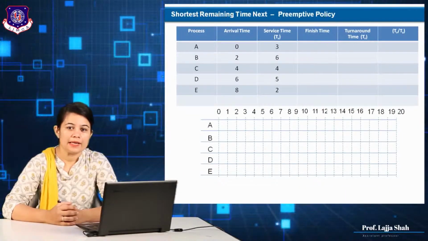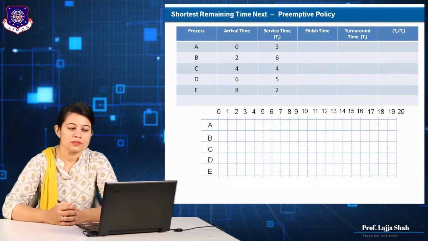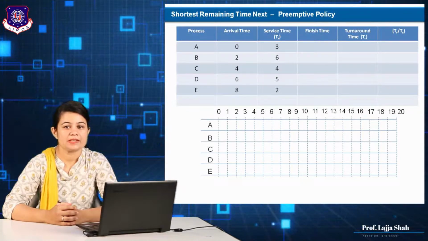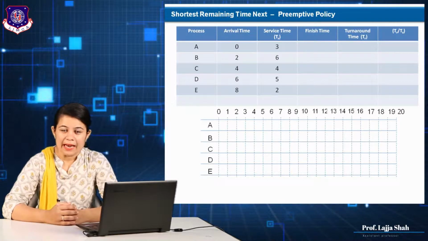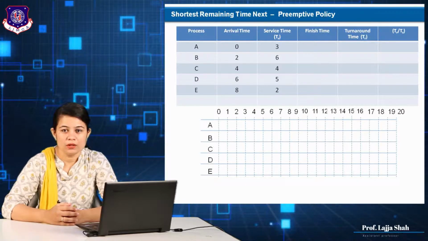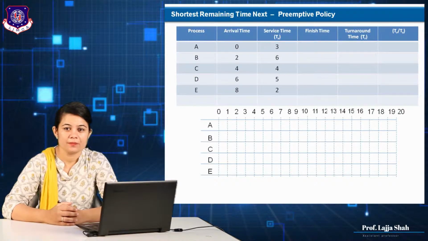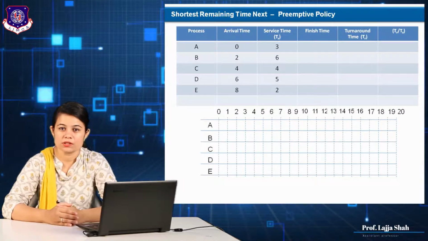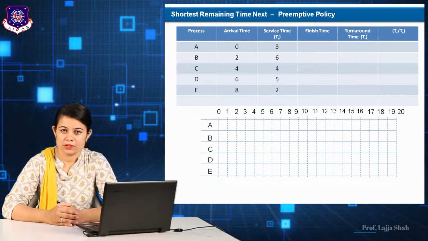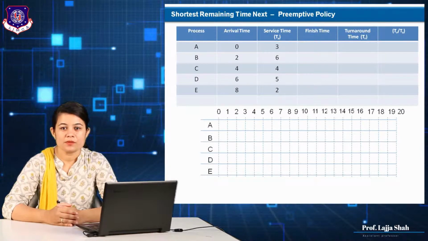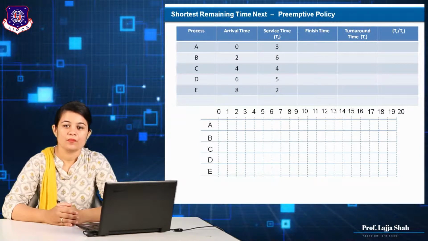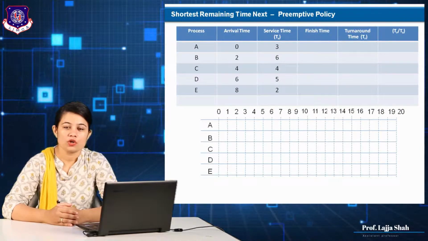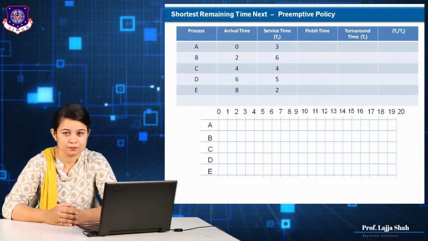First of all, let's understand what it means by shortest remaining time next. At some time interval, the operating system will check the remaining execution or service time for the processes, and the next process will be selected that has the shortest remaining time.